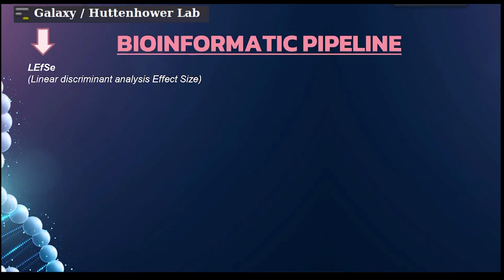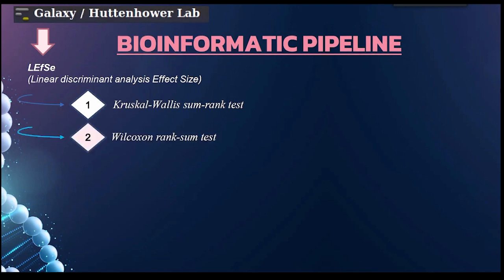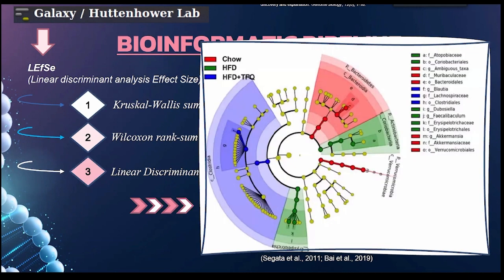And this algorithm performs, as the first step, the Kruskal-Wallis in the class. The second one is the Wilcoxon rank-sum in the subclass. And the last one is a linear discriminant analysis. Finally, if you have them in your samples, you will get a potential bioindicator, and you can show the results through these kinds of charts called cladogram.